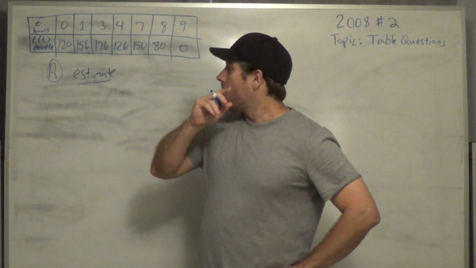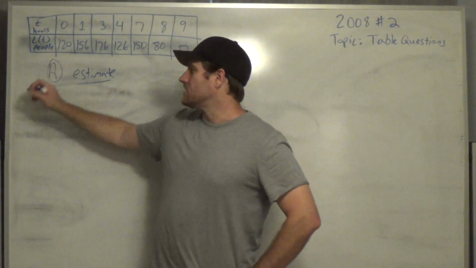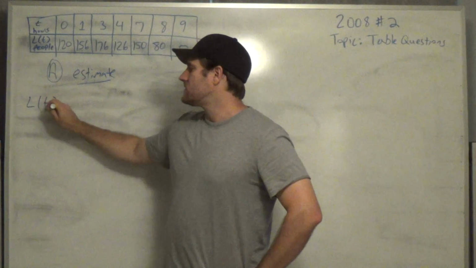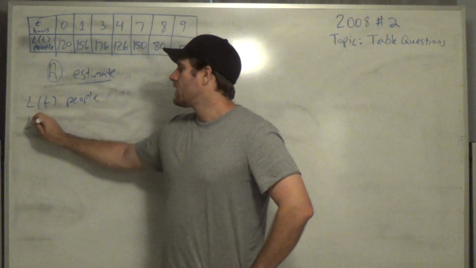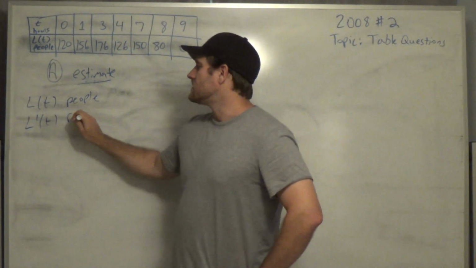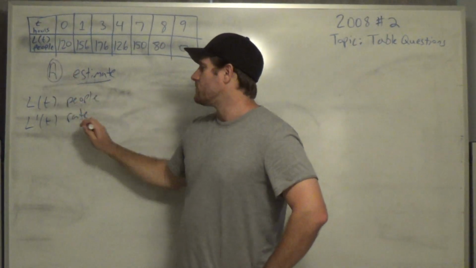Now, if L of t is the number of people, L prime t is the rate that people are changing.